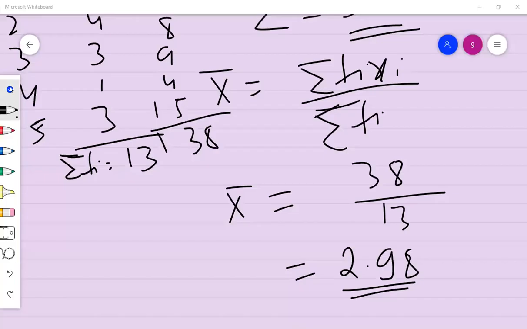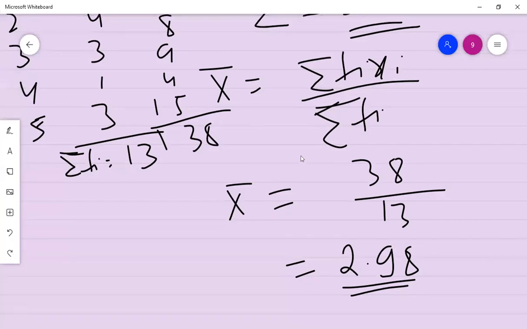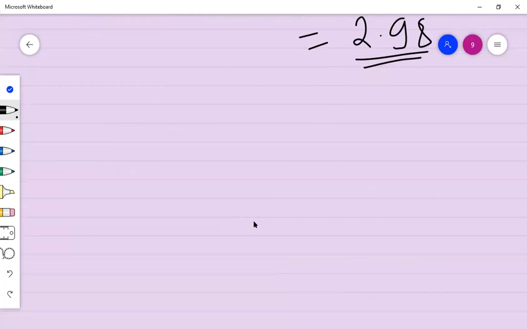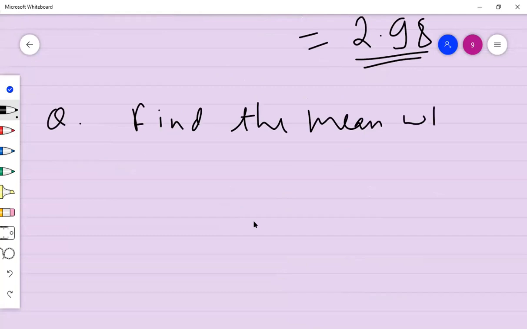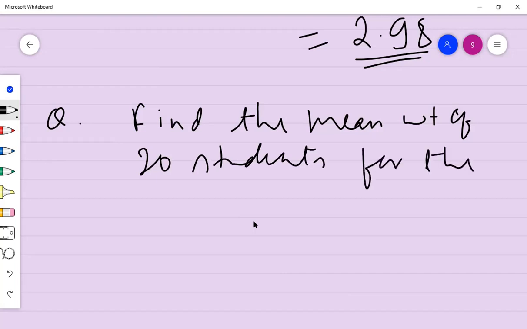Suppose we have some group data, like suppose we have a question: find the mean weight of 20 students for the following.